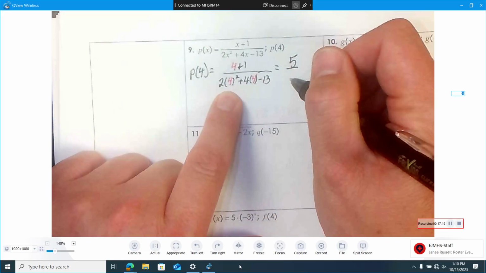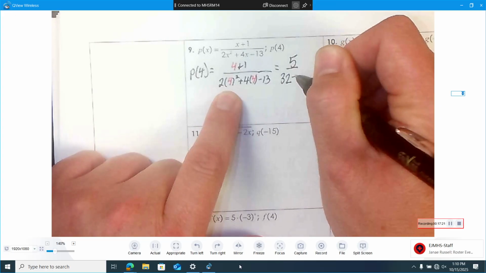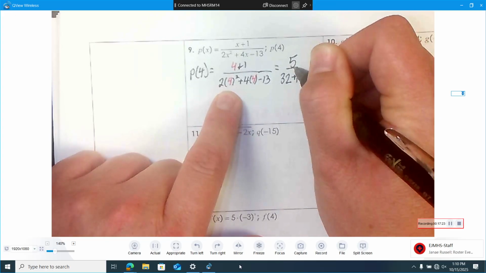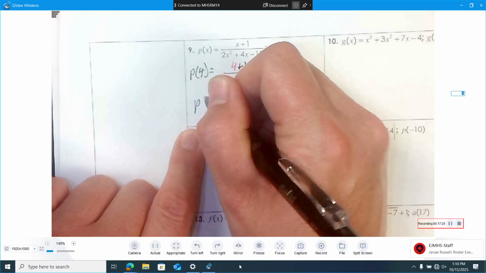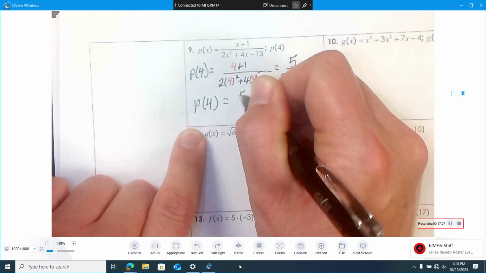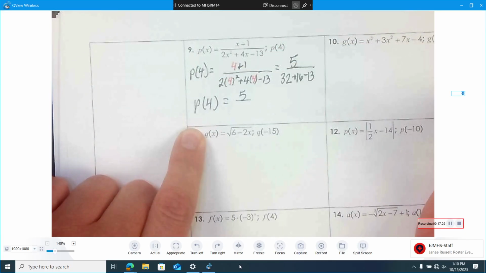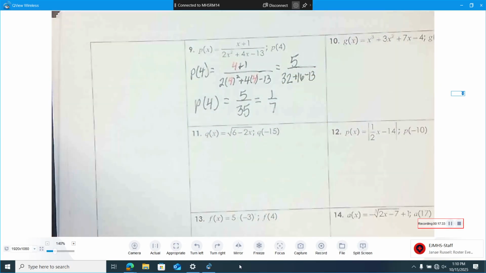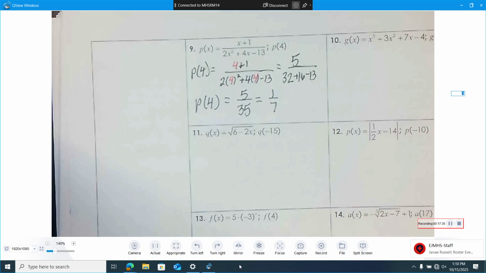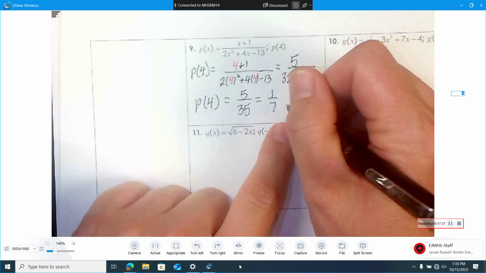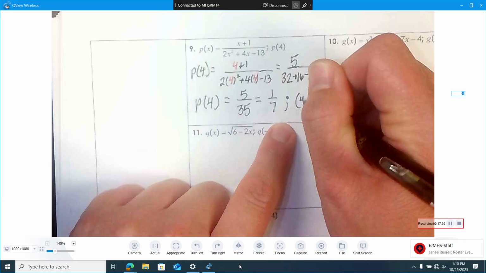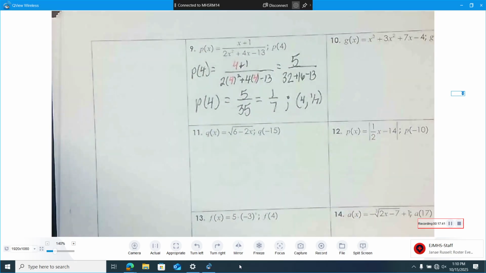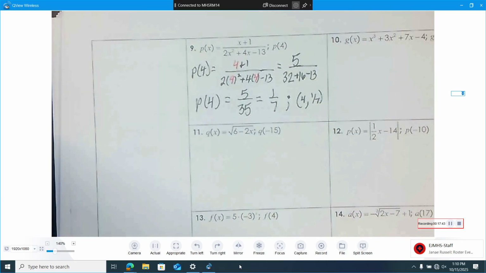Let's see. 2 times 16 is 32 plus 16 minus 13. So P of 4 is going to be 5 over 35, which reduces to 1/7. Good. What's the ordered pair that I could graph? 4 and 1/7. Yep. Over 4, up just a tiny, tiny bit. Okay? A little tiny point on my graph.